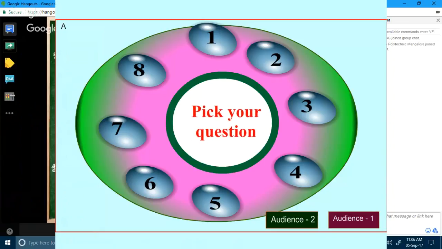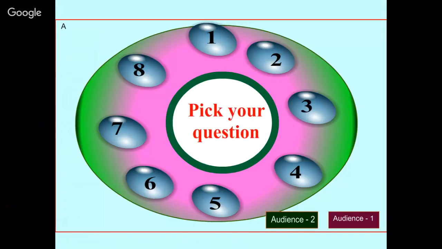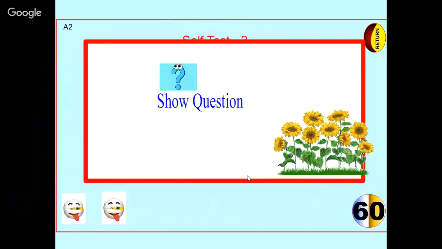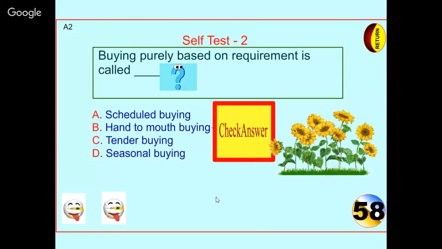Okay, I will select question number 2 for GPT Gadag. Please try to answer the question. We'll go for question number 2. Be ready. Here comes your question. Your question is, buying purely based on requirements is called a dash.